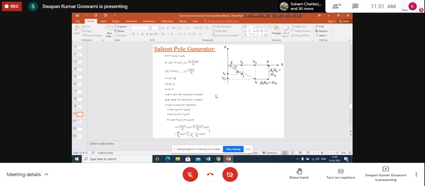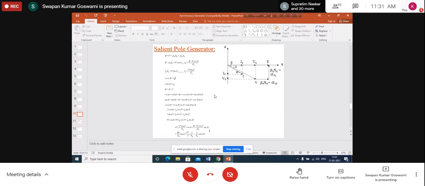But there are other types of generators, salient pole generators. What are salient pole generators? They are projected pole type. The poles are projected. What is the difference with the other type? In a projected pole or salient pole machine, the air gap is not uniform throughout.